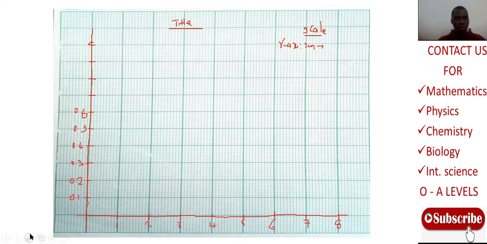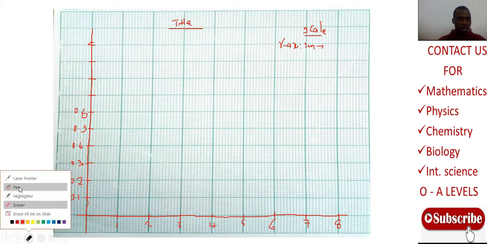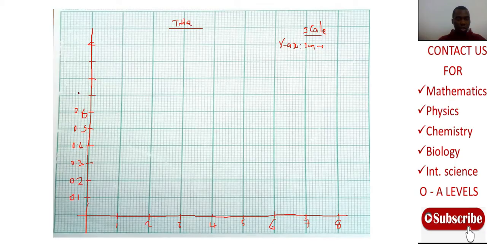Erase this one, continue. So this one will be 0.7, this one will be 0.8, this one is 0.9, and we have now 1.0.